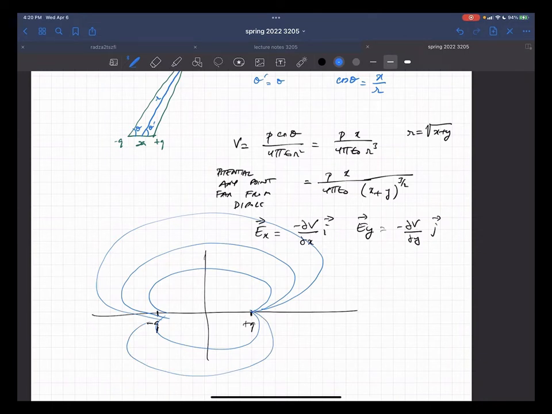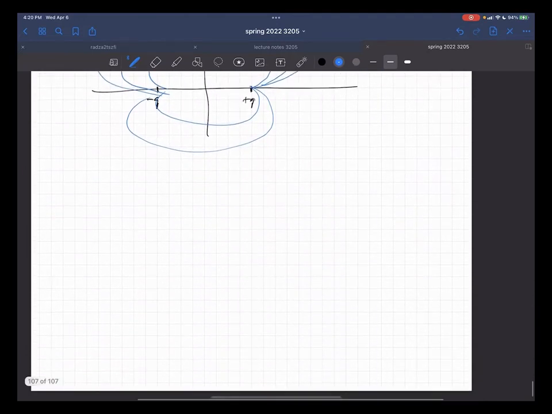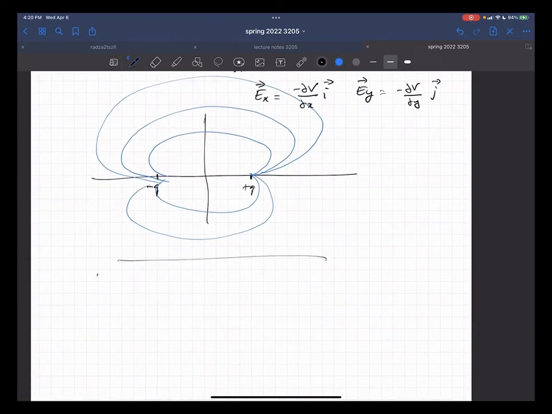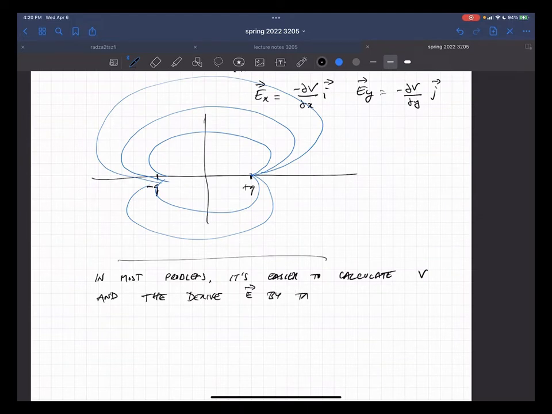So again, the idea here, what I'm saying in sum total, is that in most problems it's easier to calculate the potential V and then derive E from that, if you want the E, by taking the derivative to get the electric field components.